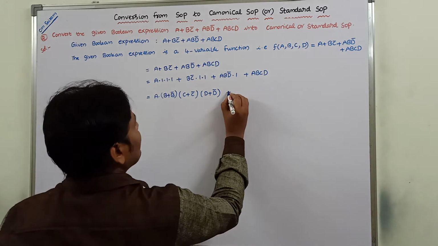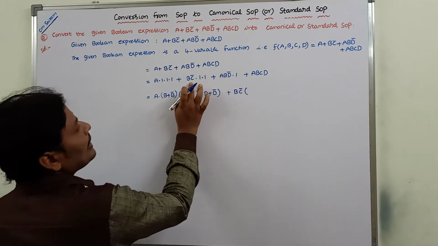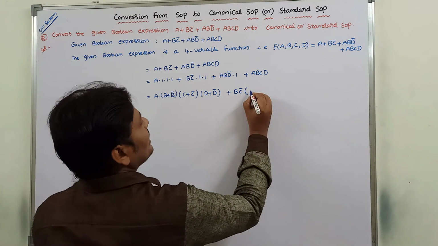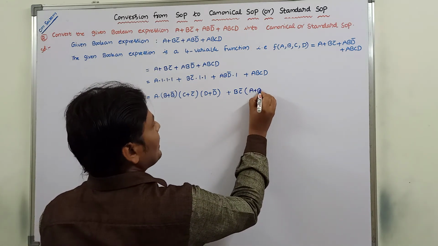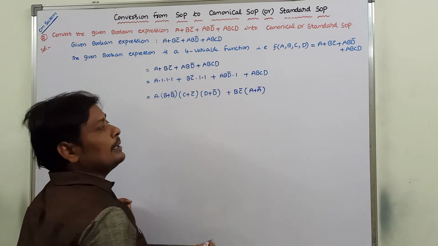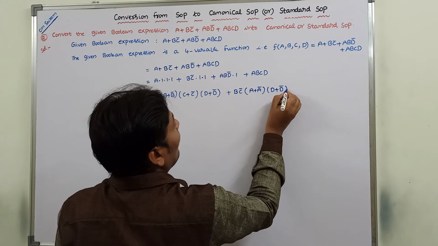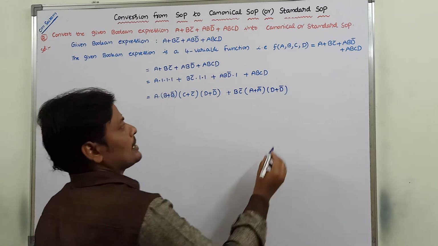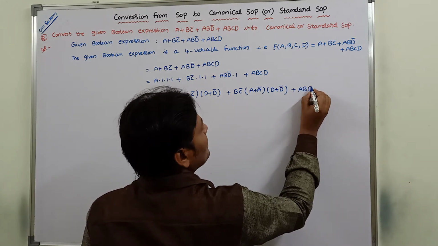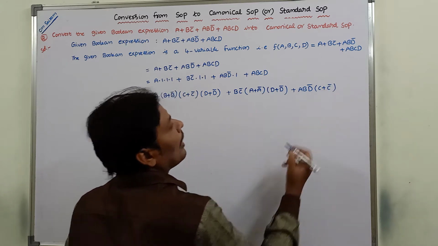Plus bc bar. In the second term, variable a is missing, which can be written as a plus a bar. Variable d is also missing, which can be written as d plus d bar. In the third term, only variable c is missing, which can be written as c plus c bar.